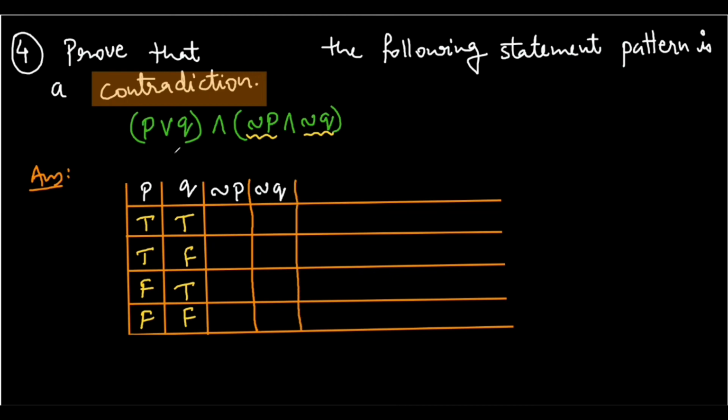Then I will follow this bracket, which is P or Q, in one column. Then the next bracket is negation P or negation Q. I will have negation P or negation Q.